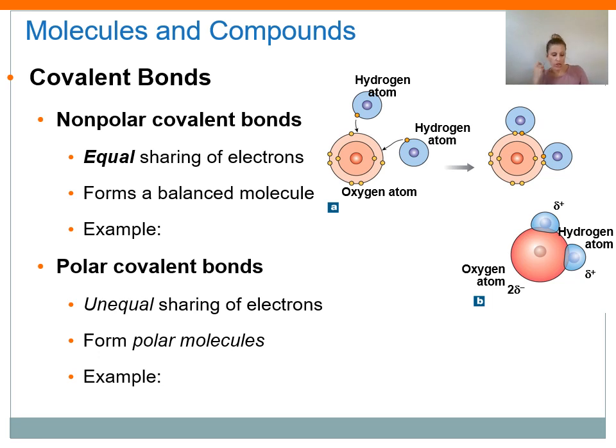Now, there are actually two types of covalent bonds, right? Covalent just means that the atoms are sharing electrons with each other. Now, they can share equally, where they both kind of have equal custody of those electrons, or they can share unequally, where one of the atoms is kind of like a big hog and he holds on to those electrons for much more time than the other guy.